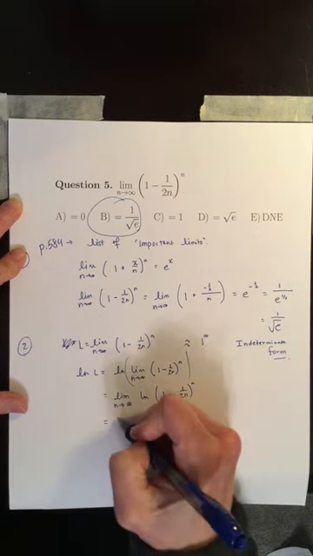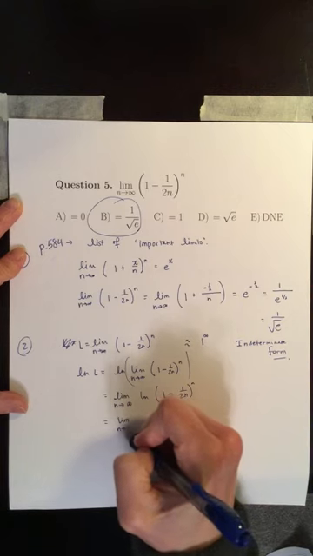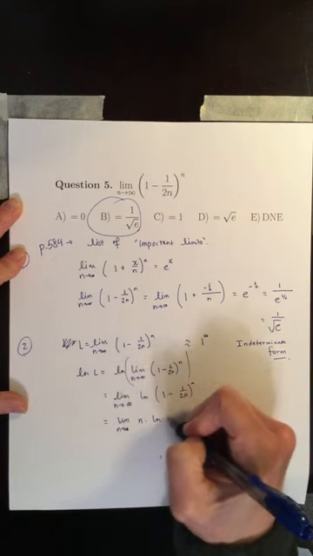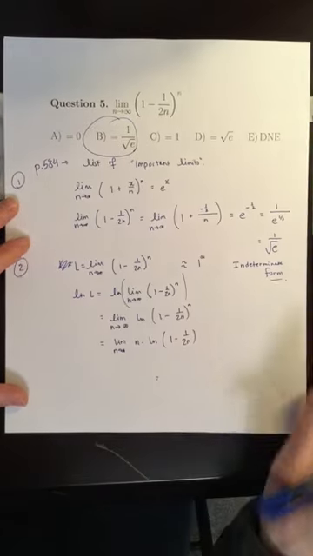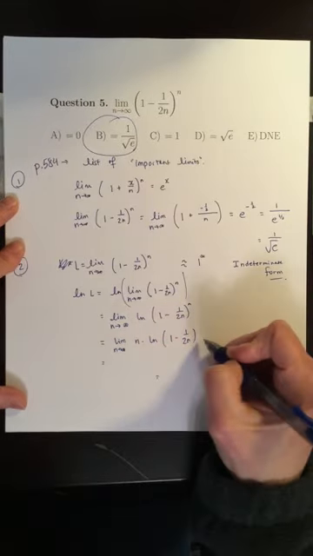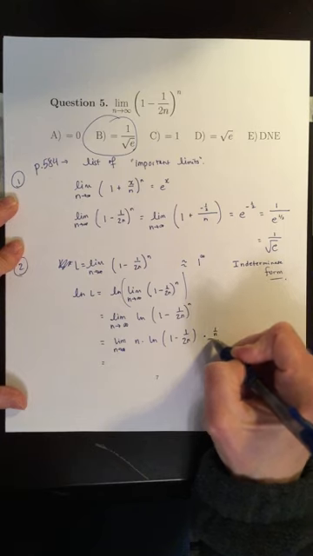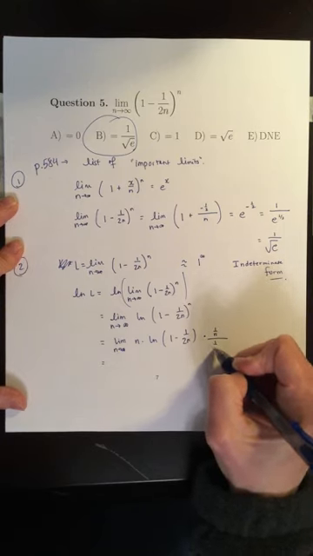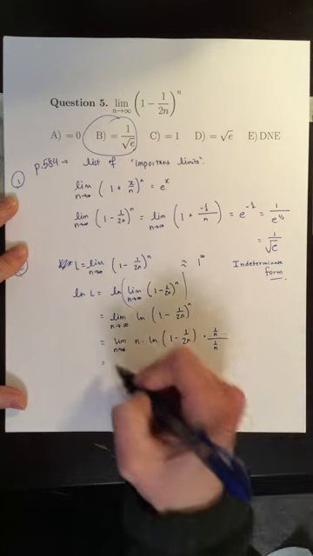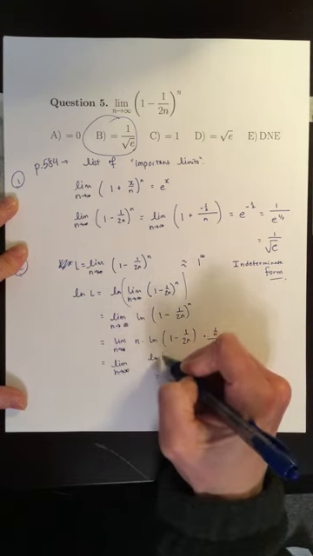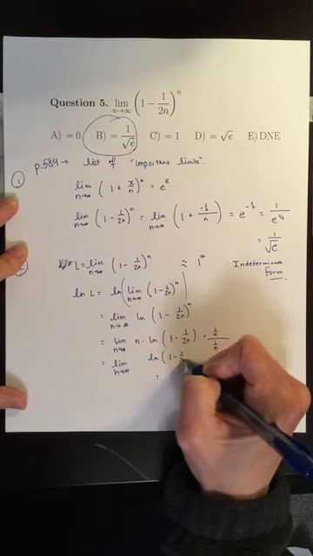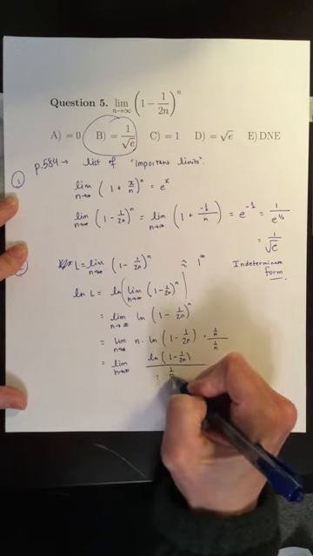Properties of logarithms allow me to bring that n down. Furthermore, I can multiply by a form of 1 in order to get that function over a function. So I'm going to have the limit as n goes to infinity of the natural log of 1 minus 1 over 2n, divided by 1 over n.